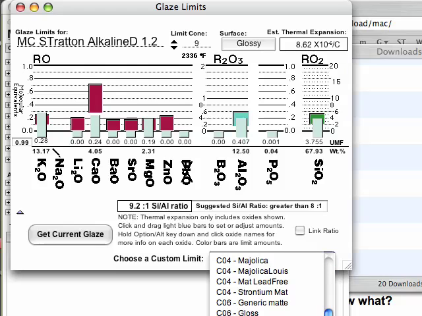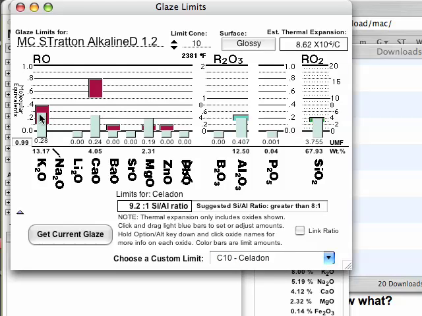We're going to compare it first to cone 10 Celadons. And if you look at the cone 10 Celadons, we're right in the money here for the alumina and silica, probably the first thing we should look at. We know the fluxes add up to the same number of moles. They add up to 1 mole as compared to these. So we know that on average we're okay here.